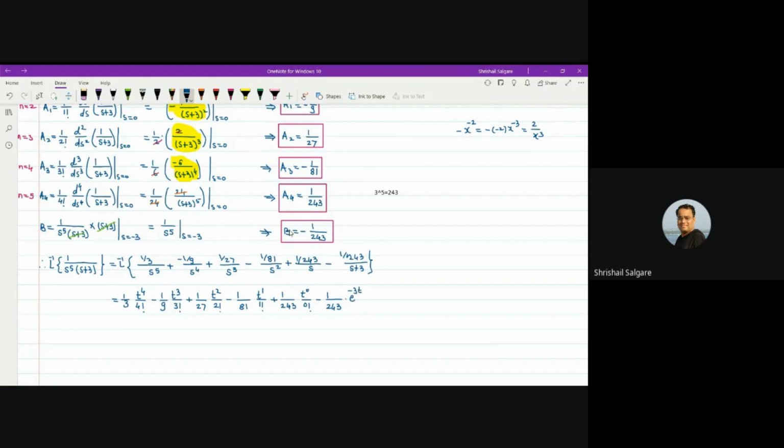So tell me the step after simplification. Suppose I am taking 1 upon 72 as common from all these. What is the remaining term? First term.